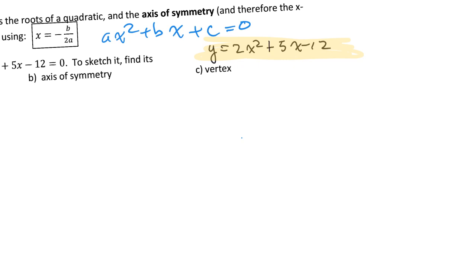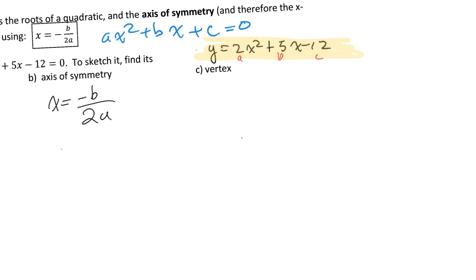Okay, so now remember our equation for the axis of symmetry is given by x is equal to negative b divided by 2a. So let's go and identify the a, b, and c in our equation, and we substitute directly into this equation.